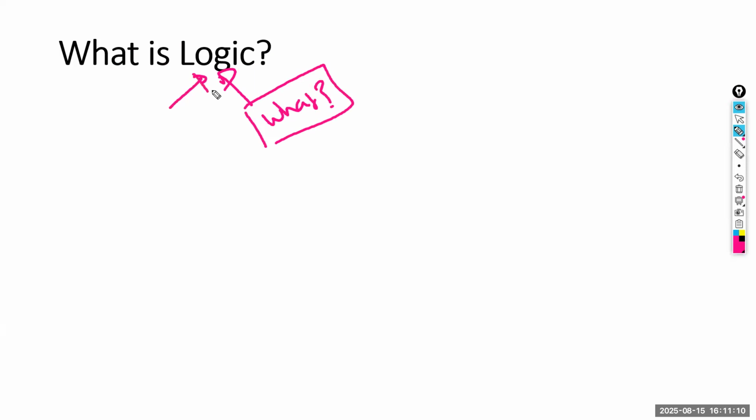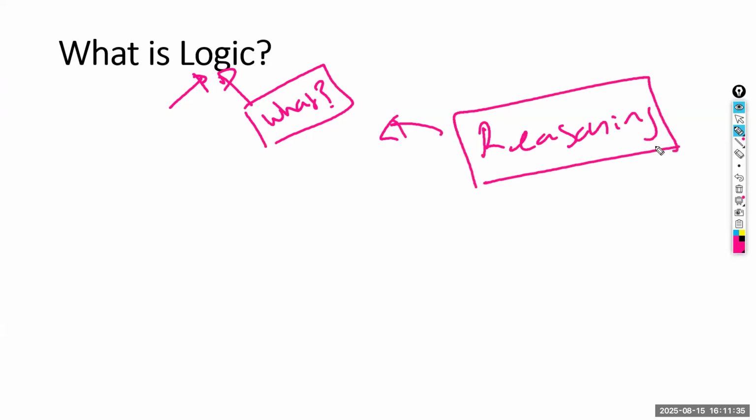I told you those who are better at logic, they rule the world. So logic is a scientific way of reasoning. Or we can say logic is how you reason out. How do we reason? So that is called logic.